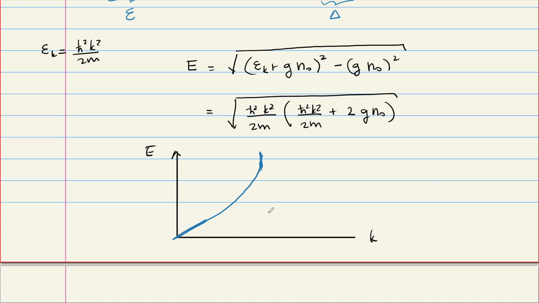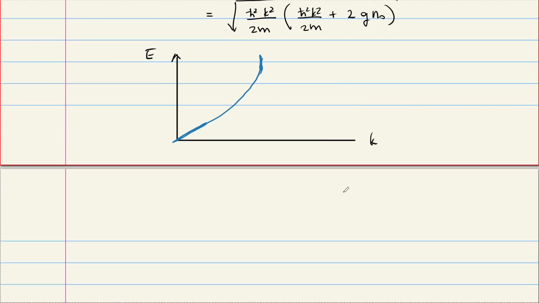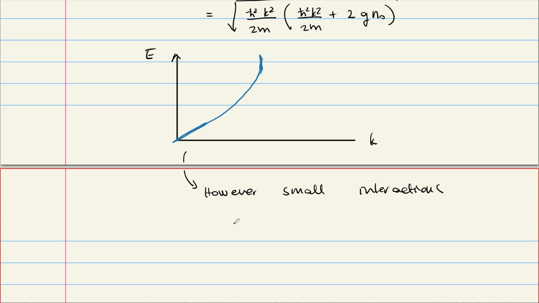Here, what we see is two things. First, however weak the interactions are, however small the interactions, we have a gapless and linear spectrum.